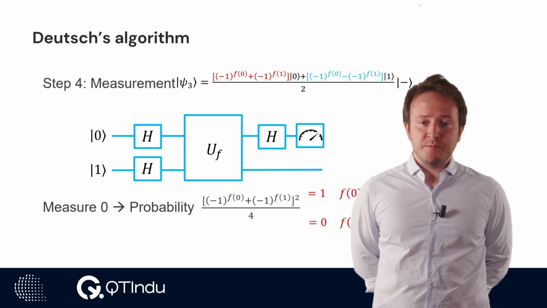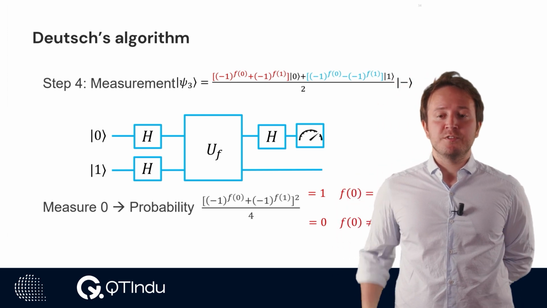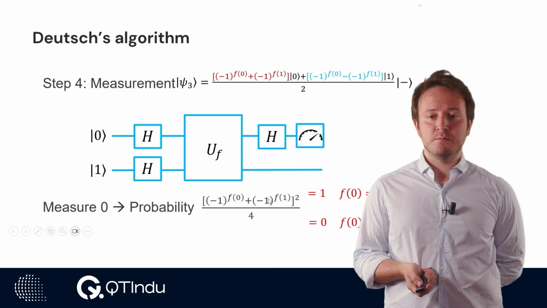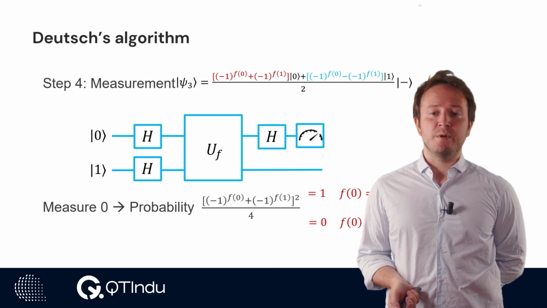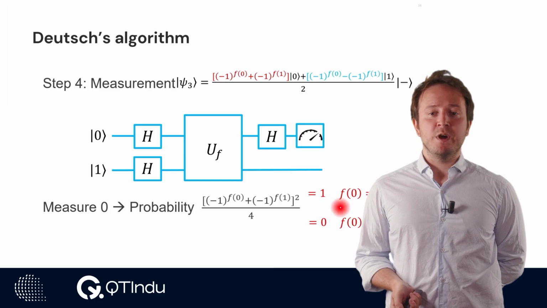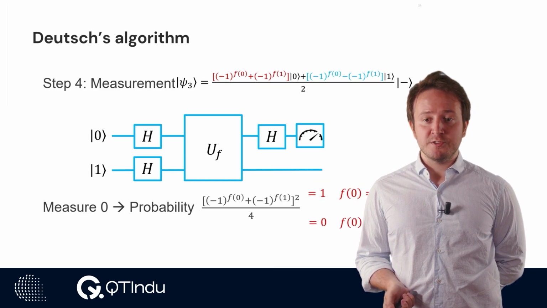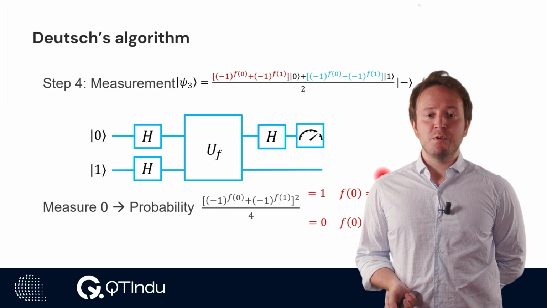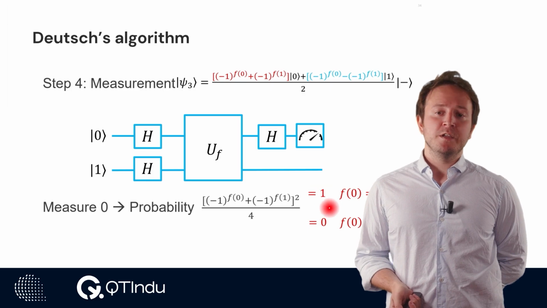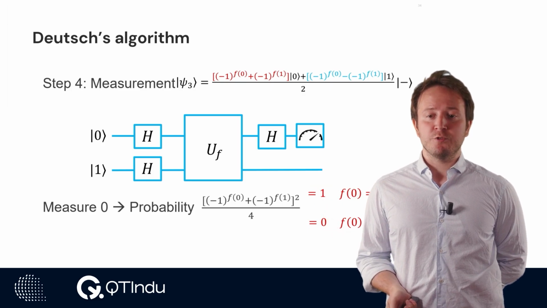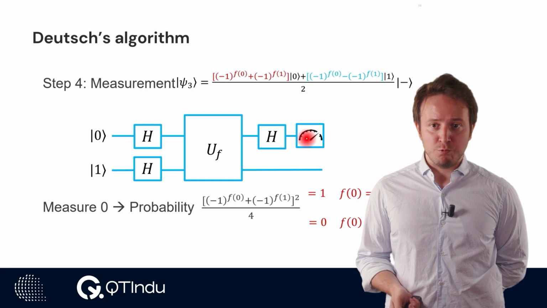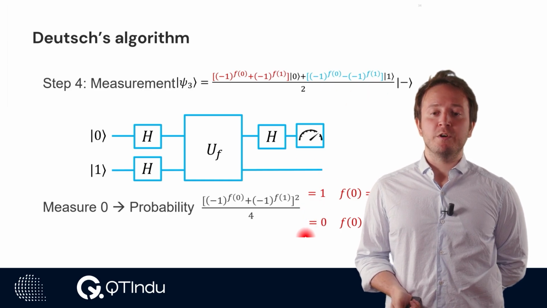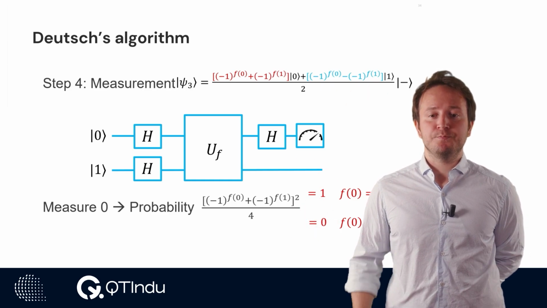Now, this probability takes the value of 1 when f of 0 is equal to f of 1, and takes the value of 0 when f of 0 is different from f of 1. Meaning that when the function is constant, which is the first case, we will measure 0 with probability 1. While if the function is balanced, so f of 0 is different from f of 1, we will measure 1 with probability 1. Or in other words, we will not measure 0.